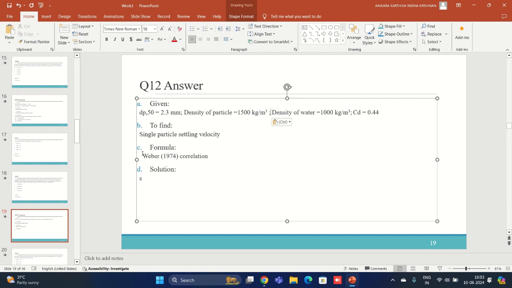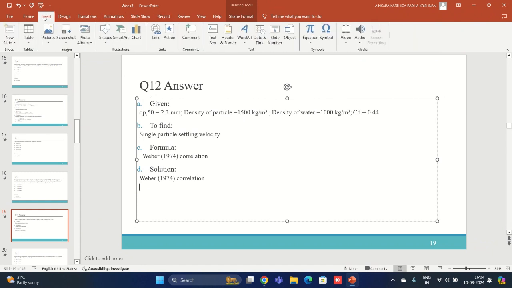Now we need to use the Weber 1974 correlation. Does any one of you remember what the Weber 1974 correlation is? For single particle settling, it is U, or else I'll just insert the equation and give it to you.